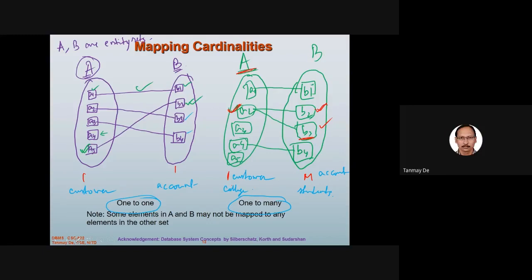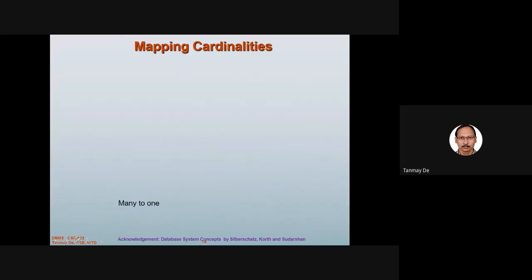Okay. I already told that some of the elements or entities may not be involved in the mapping. The other is the many to one. I draw the same as the one to many, just the opposite of this. This is A1, A2, A3, A4. Sorry, this is B1, B2, B3, B4. This is B5.